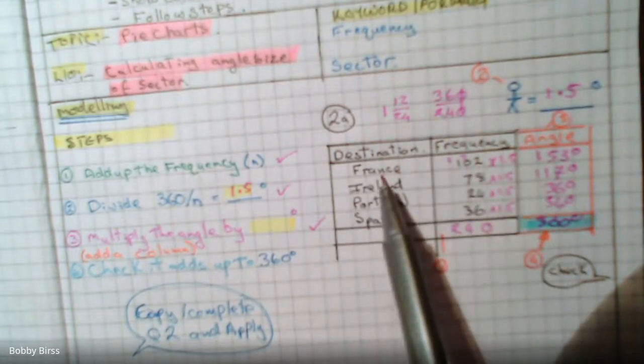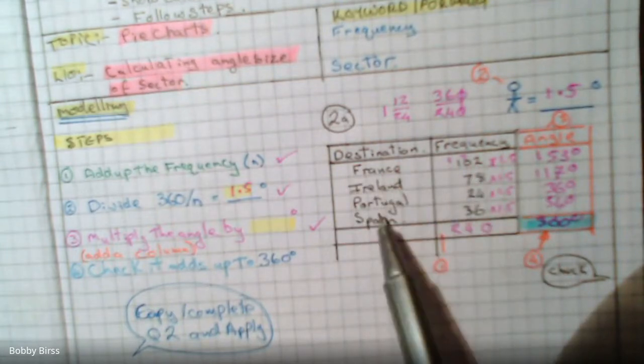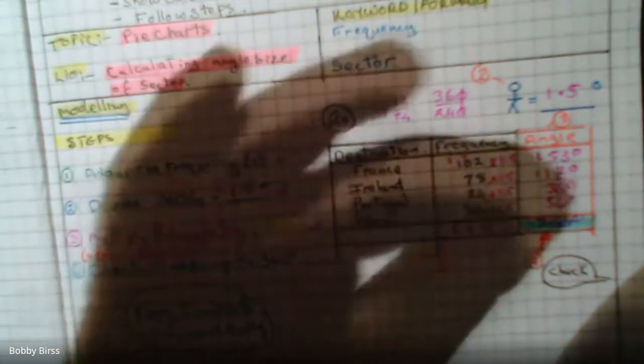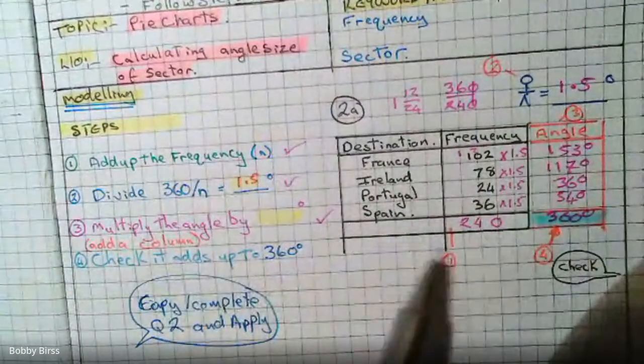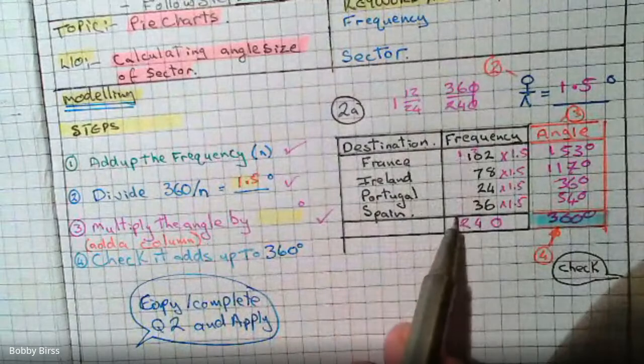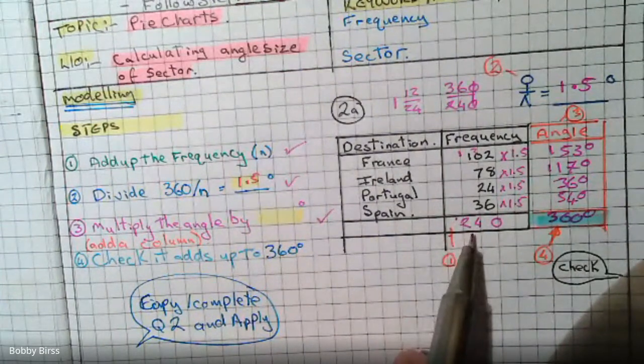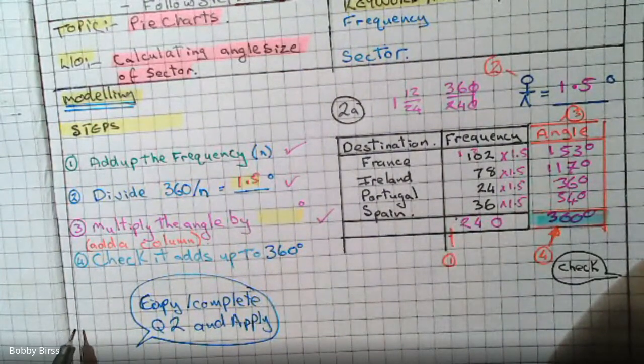So 102 people went to France, 78 went to Ireland, 24 went to Portugal, 36 went to Spain. The first thing we have to do is add up the frequency. Are we all okay with that? So we add it up to find out how many people went on holiday. I'm now going to fit these 240 people into my circle.